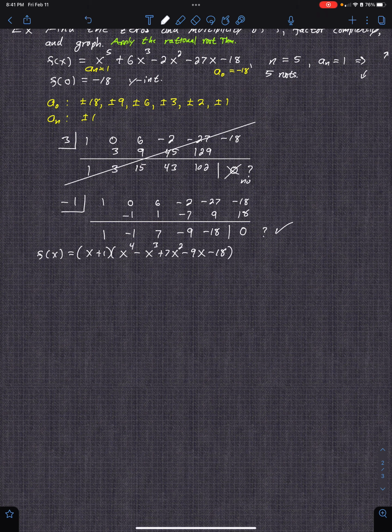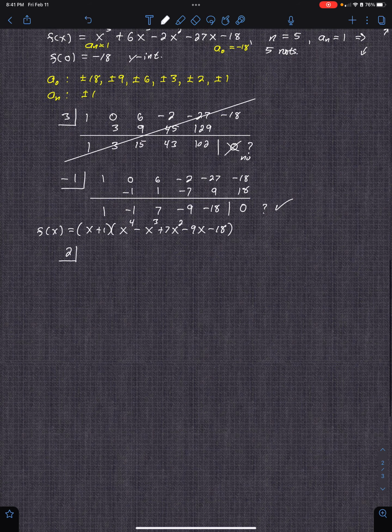Then you keep going. Now you don't choose more factors, right? It's the same ones you choose. You cross out the ones you tried. But if it was a factor for the first one, it's going to be a factor for the other one as well. Okay, and you keep going. You may fail a lot, but that's okay. You're still learning the process.